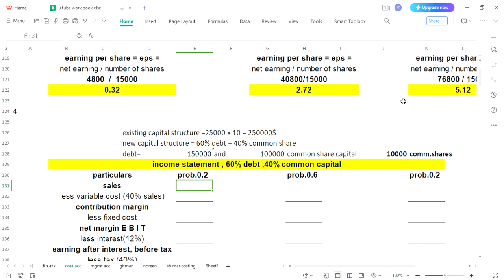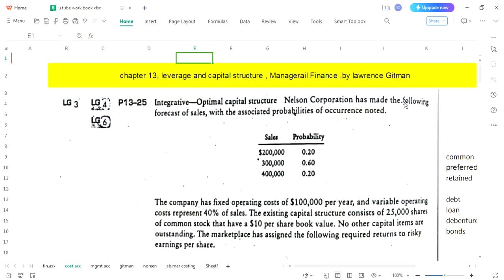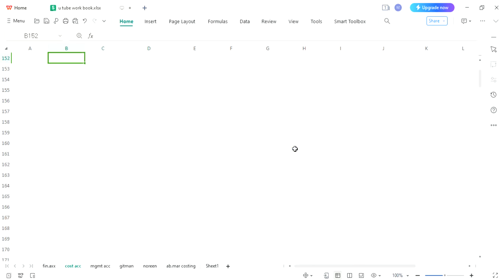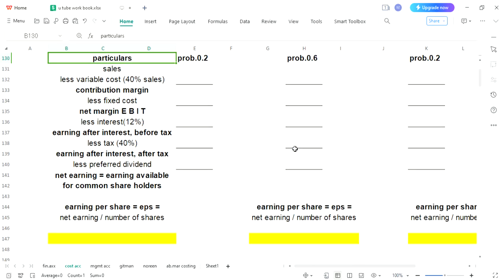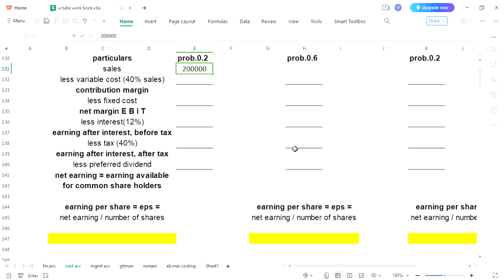Alright, come over here. For the 0.2 probability, the question gives the amount of sale as 2 lakh. We will follow the same, and here 2 lakh would be the amount of sales. Variable cost is 40% of sale.